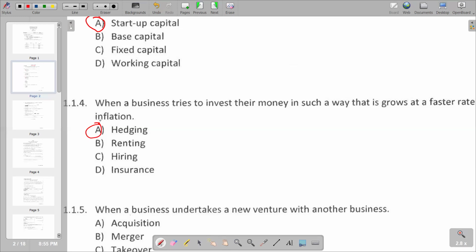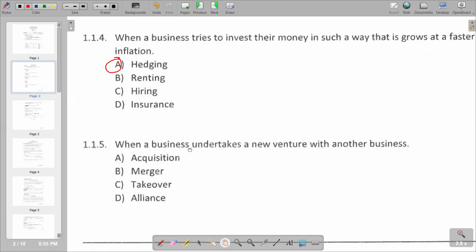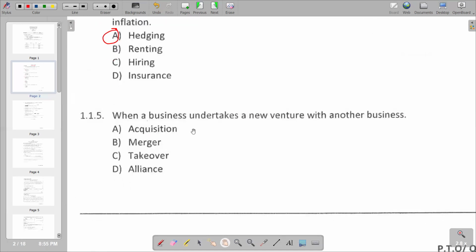We take account of the potential losses that we are going to face. This is the explanation of hedging. So it becomes the appropriate response according to the explanation given here, which says when a business tries to invest their money in such a way that it grows at a faster rate than inflation. So it becomes the correct response that we have.